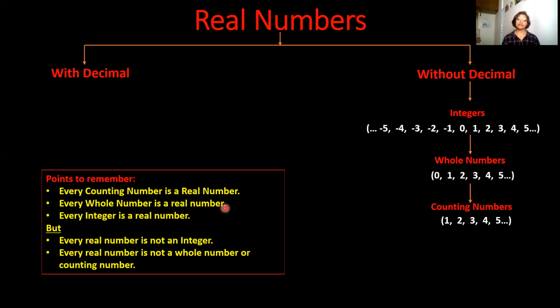Next, we will learn about real numbers. What are real numbers? Real numbers contain the numbers with decimal and without decimal. Numbers which contain decimal numbers as well as without decimal numbers are called real numbers. Which numbers are without decimal?